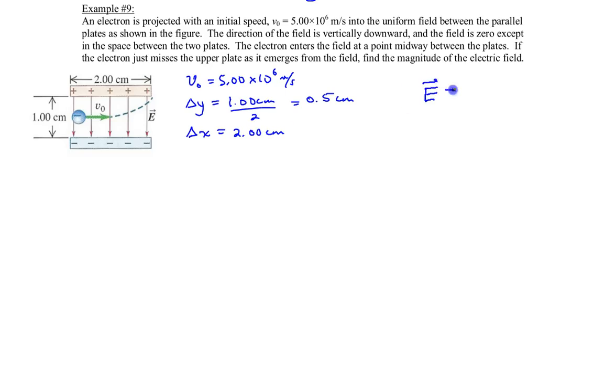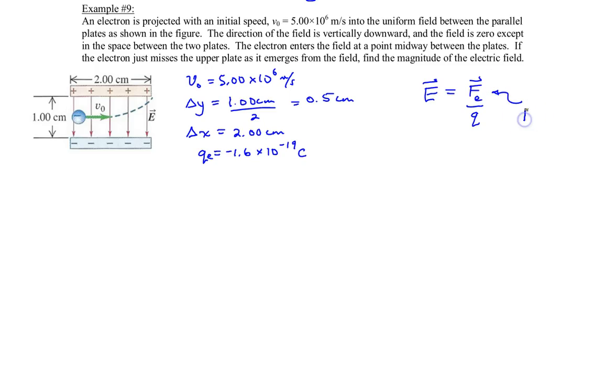Now the electric field is the amount of electric force per unit charge. Now q in this problem is q for an electron, which is 1.6 times 10 to the power negative 19 coulombs. It's negative, but we are only looking for the magnitude. The force, how are we going to find that force?